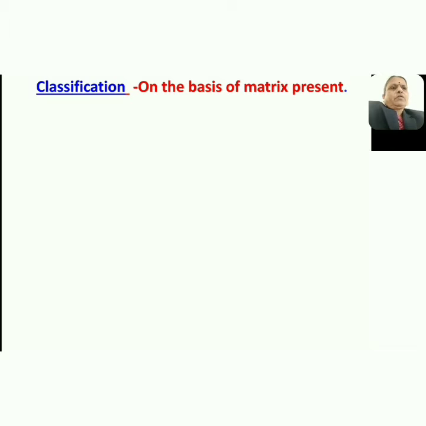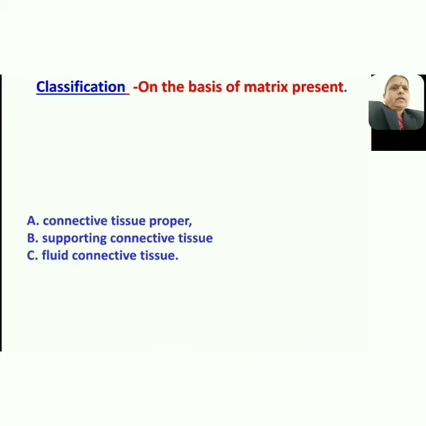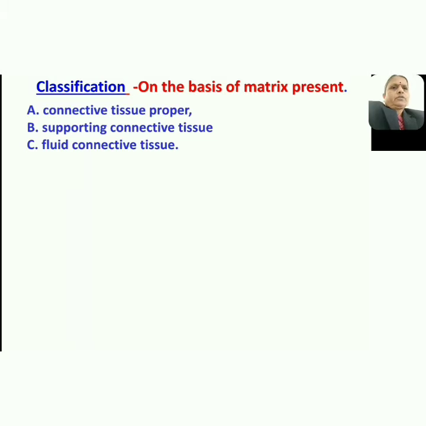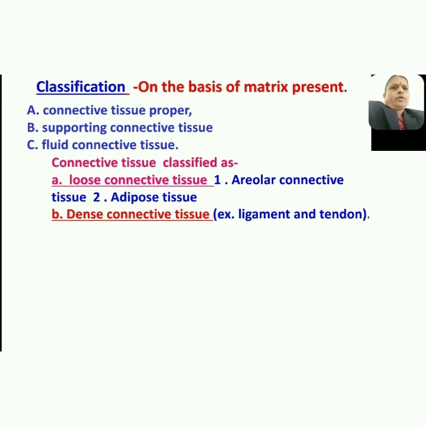Classification. On the basis of matrix present, they are classified into connective tissue proper, supporting connective tissue, and fluid connective tissue. Number 1, connective tissue proper: that is loose connective tissue, in them areolar connective tissue and adipose tissue.